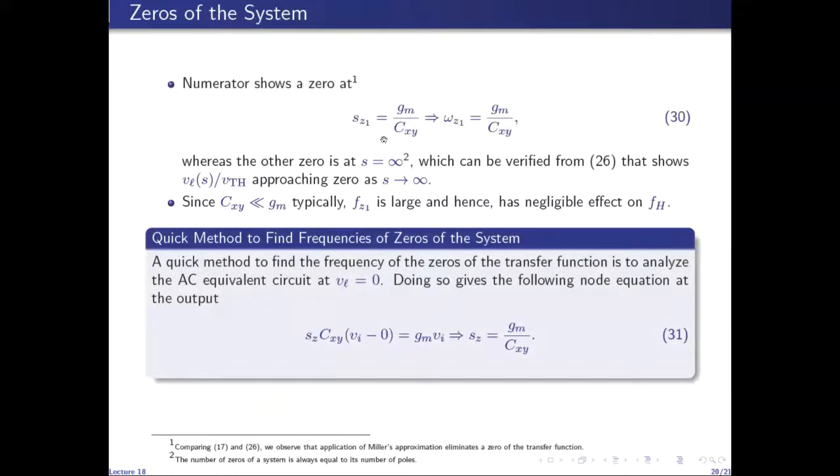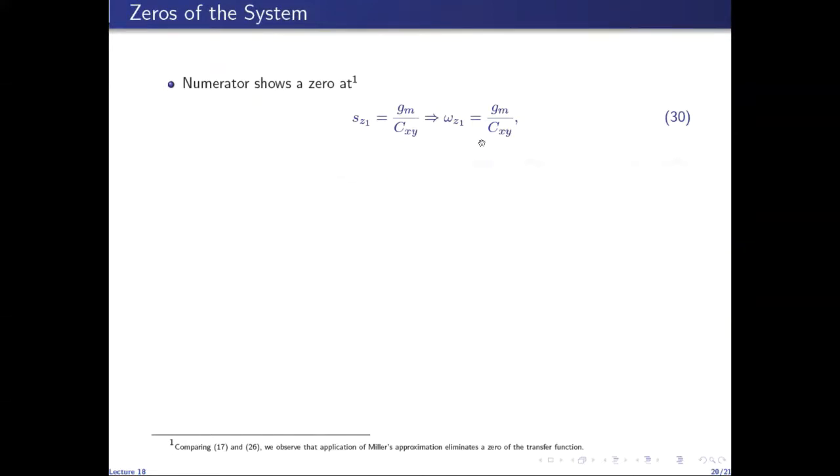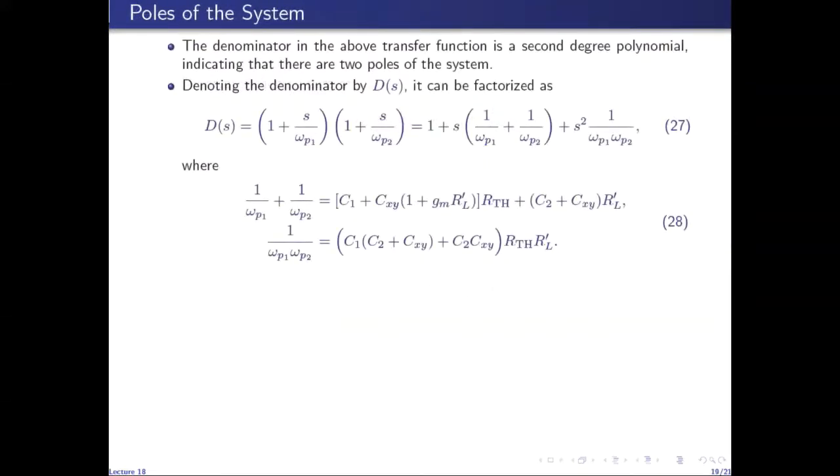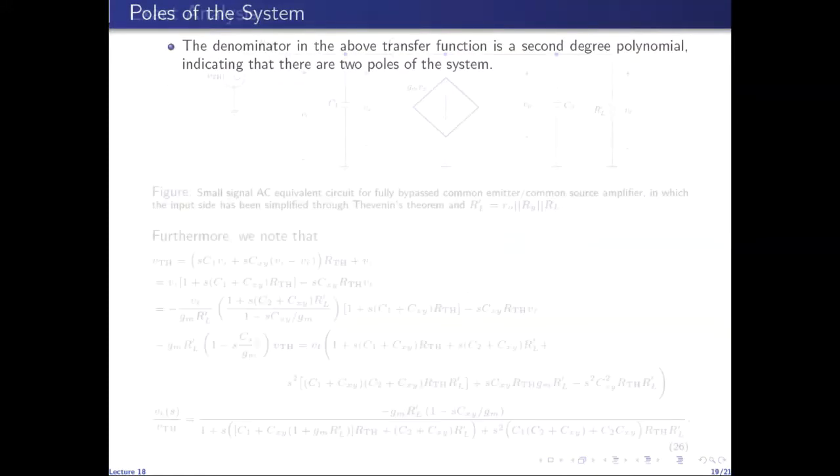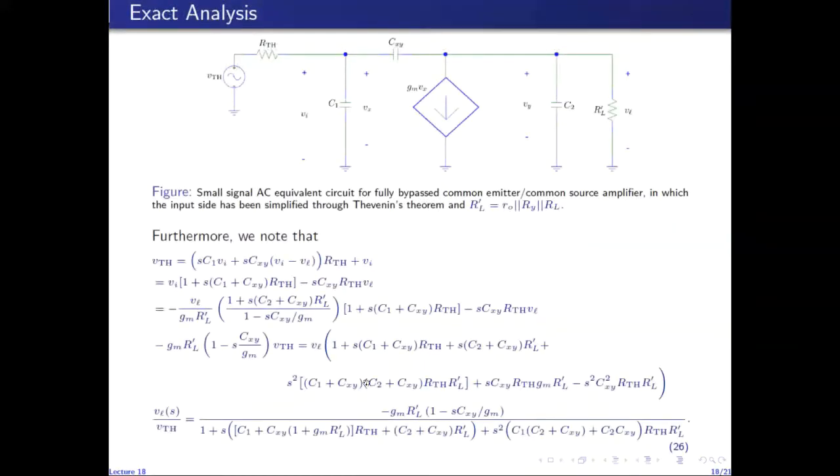So we have found this frequency for the zero by finding the overall transfer function, but we can avoid this whole mathematical derivation and analyze this circuit directly to find the frequency of the zero.